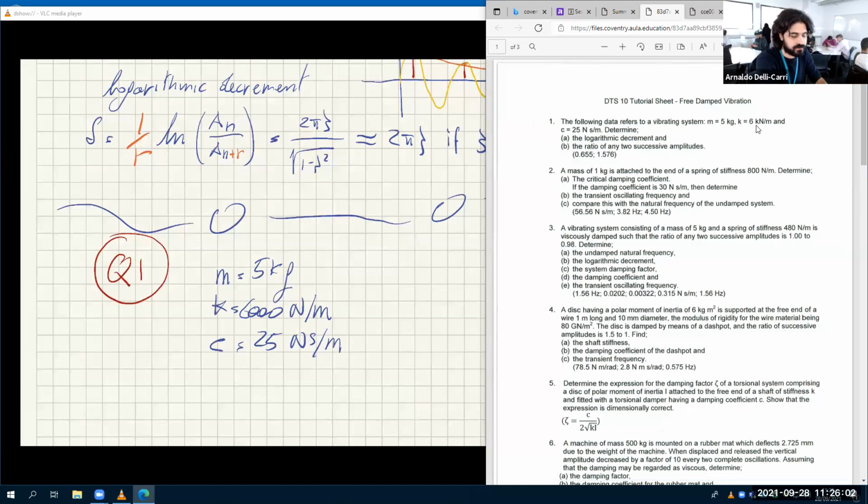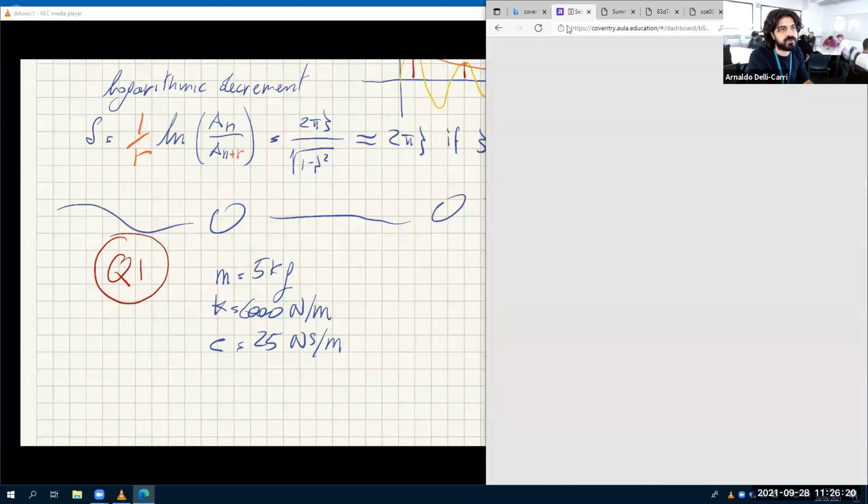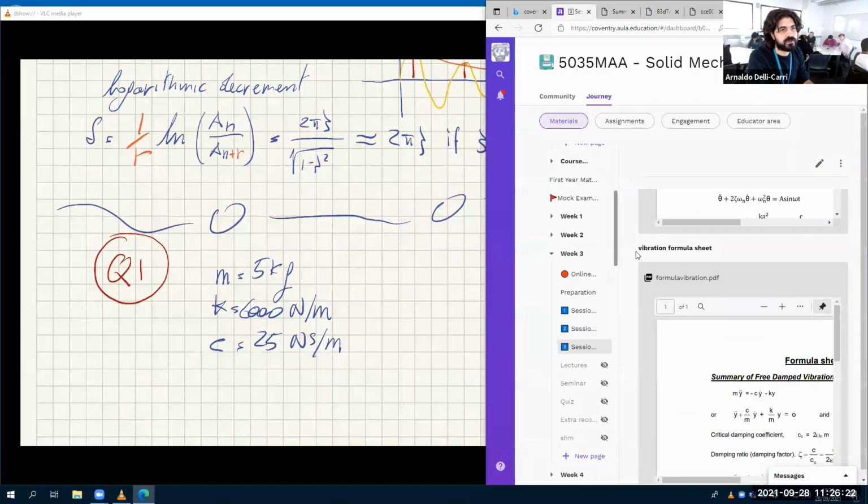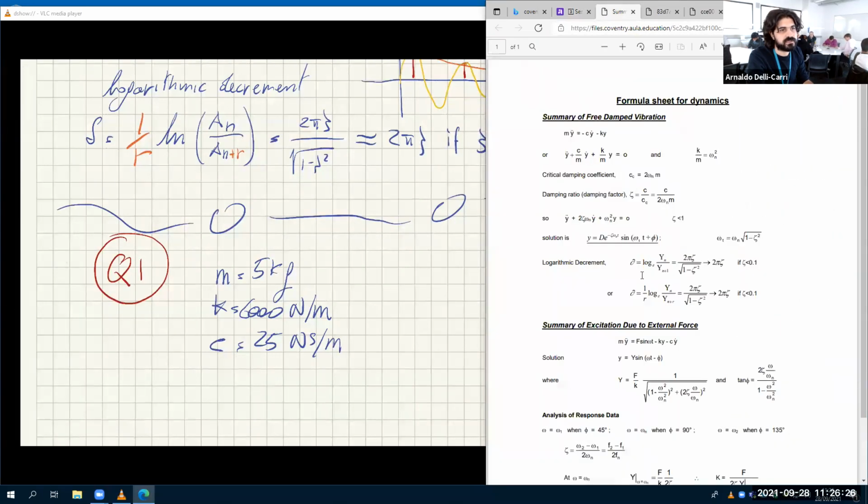Okay, so how do we find delta? It looks like delta is a function of the amplitudes, but we don't have the amplitudes. The formula sheet is on Aula: you go to tutorial 3, there's a vibration formula sheet, just open it up and you find it there.